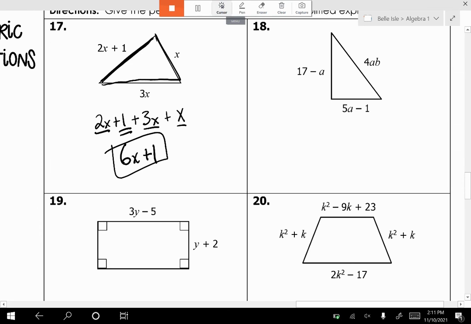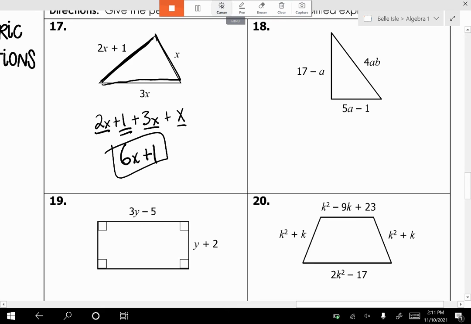Then I added the next number with a variable, that's a. So I assume there's 1 in front of the a. So 1a plus 5a, that's 6a. Then I just added the last number that has ab, that's 4ab. And yeah, that's how I got 16 plus 6a plus 4ab.